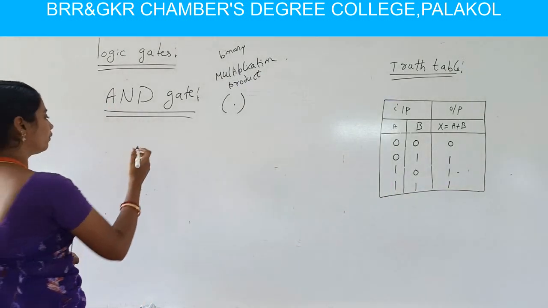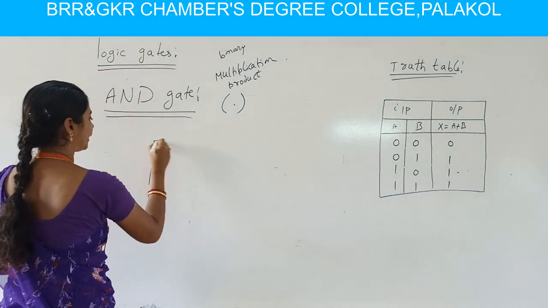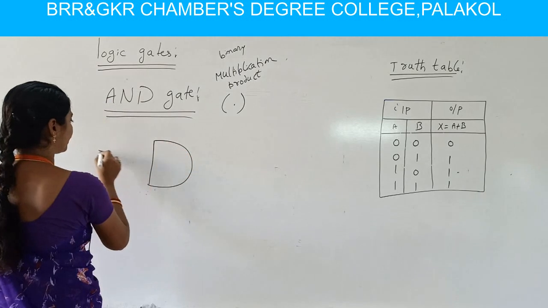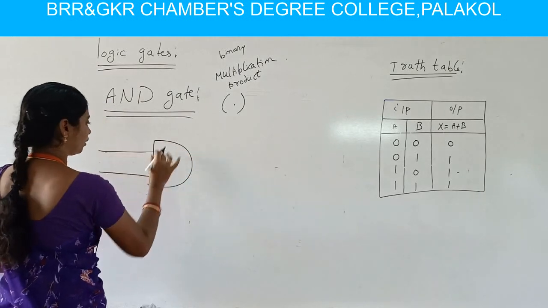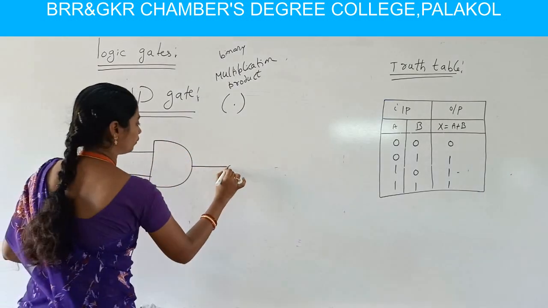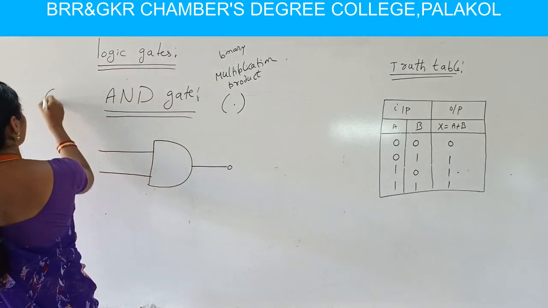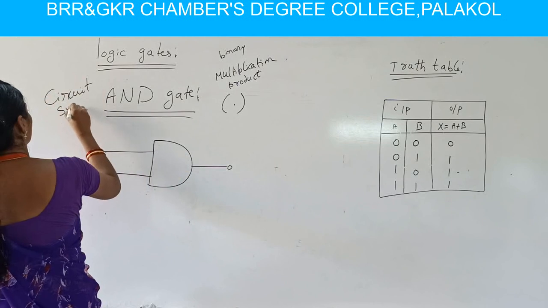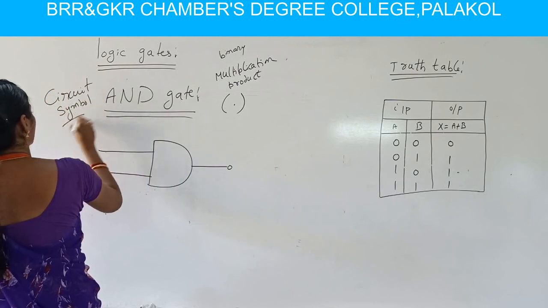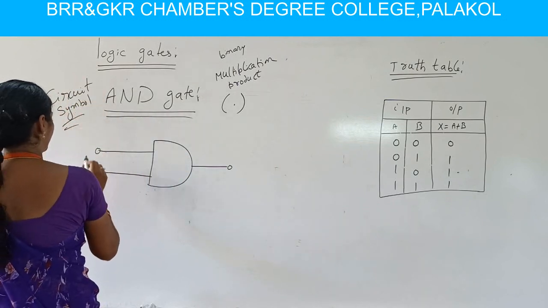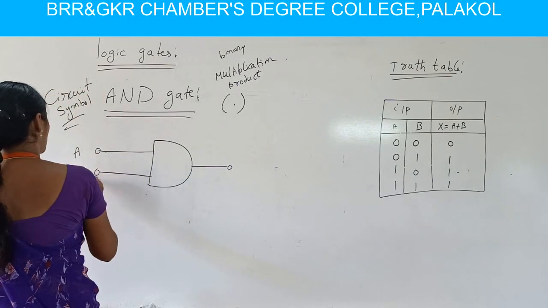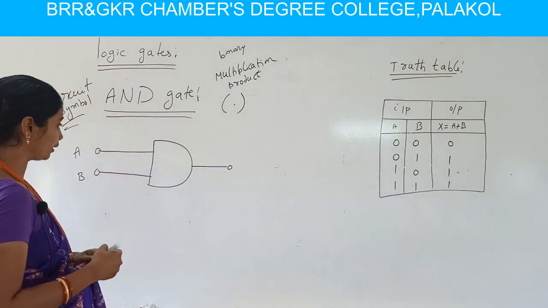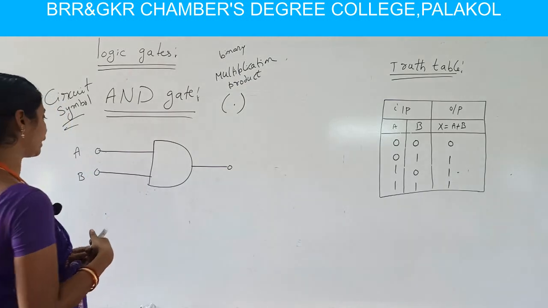For this, the symbol for the AND gate is a letter shape like D. Here is the diagram, the circuit symbol for the AND gate, which is like the letter D. It contains two or more variables, but I will draw a two-input AND gate diagram only.